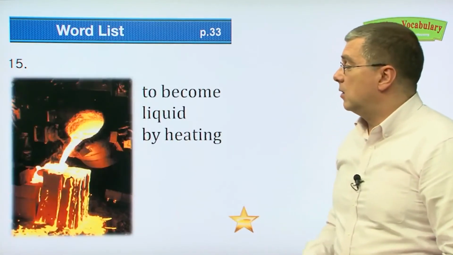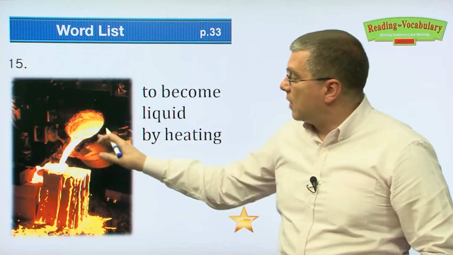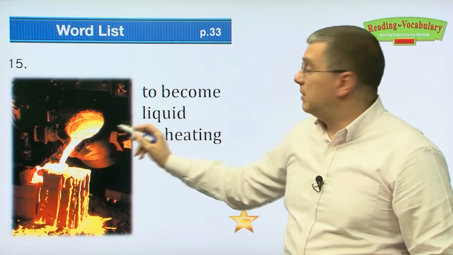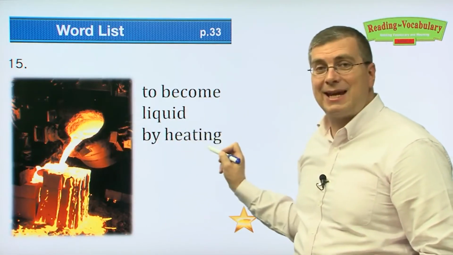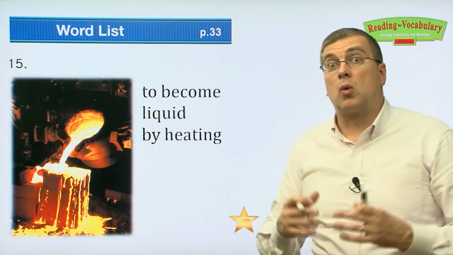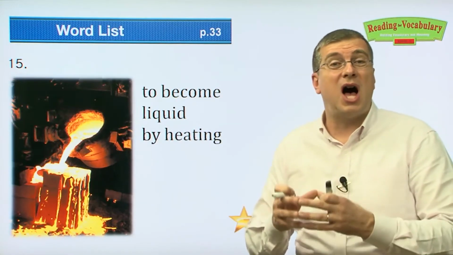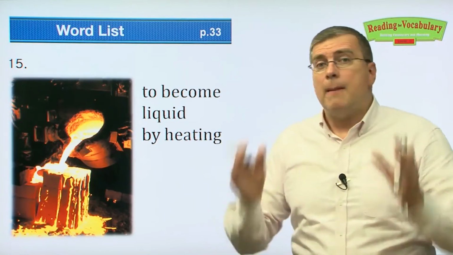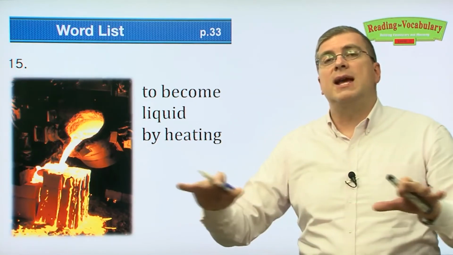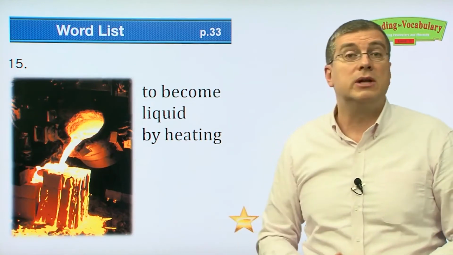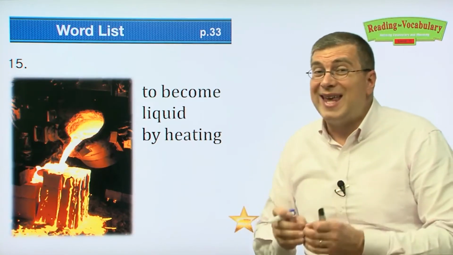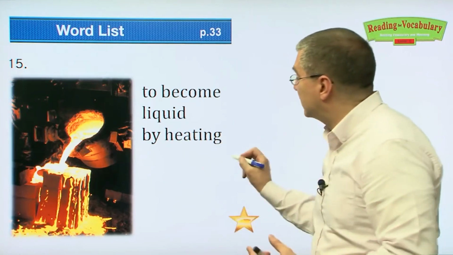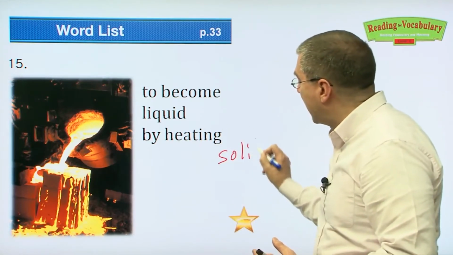Okay, so the next word here, we have a picture of very hot liquid, and it's something that wasn't liquid before, to become liquid by heating. Now, before we've talked about rock being so hot, it turns into a liquid. That's really amazing, isn't it? But if you think about it, everything on the earth, all the material you can think of, if you heat it up at a high temperature, it turns from a solid into a liquid.